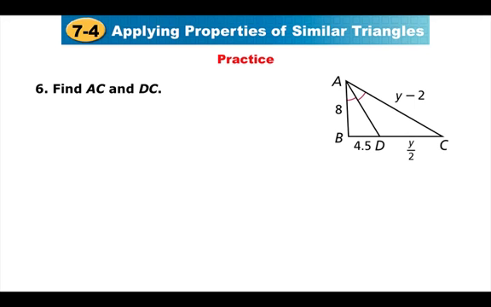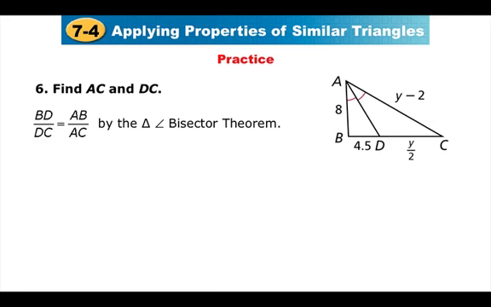Here's number 6. It says find AC and DC. I'm going to use that same theorem, theorem 7.4.4. So I can say that BD over DC should be equal to AB over AC. I substitute the given information. I cross multiply. When I multiply y over 2 times 8, you should be able to see that I get 4y.